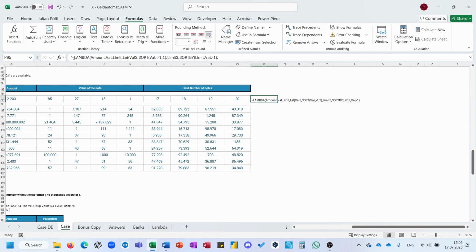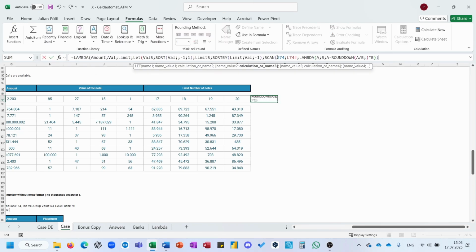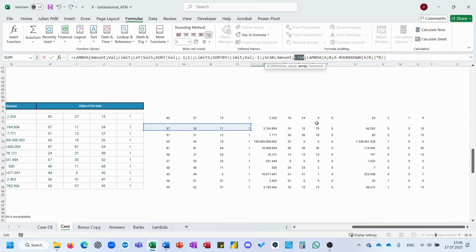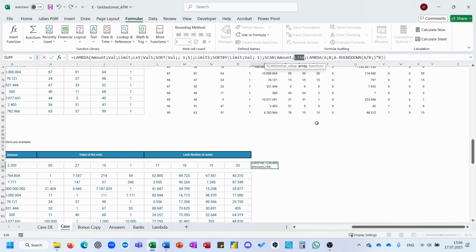So scan, it's included here. This is the amount and this is my sorted array. So val s. Lambda AB is fine.